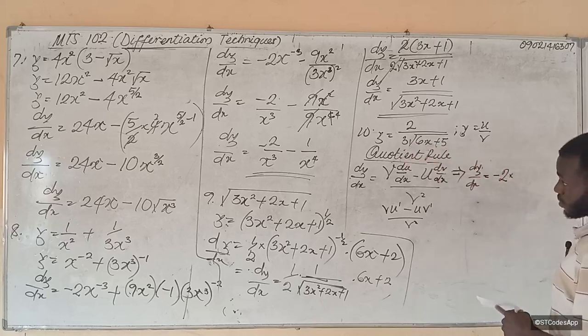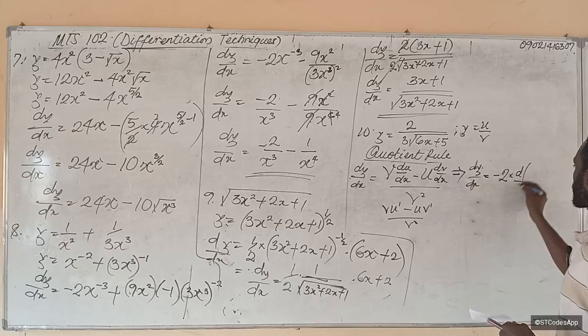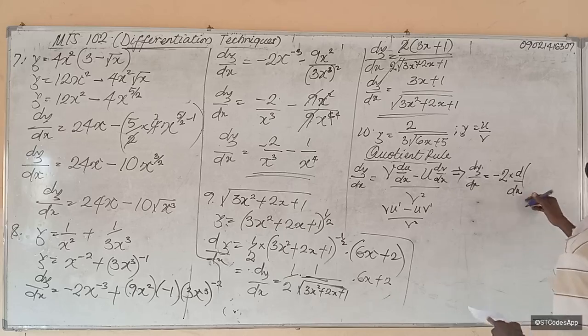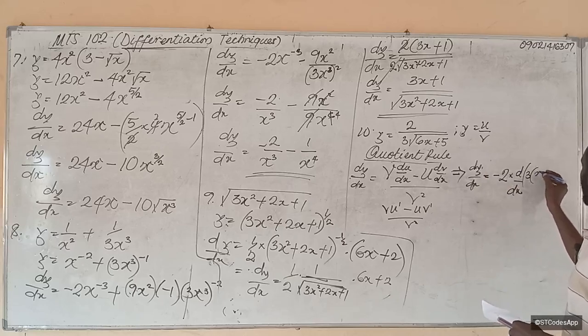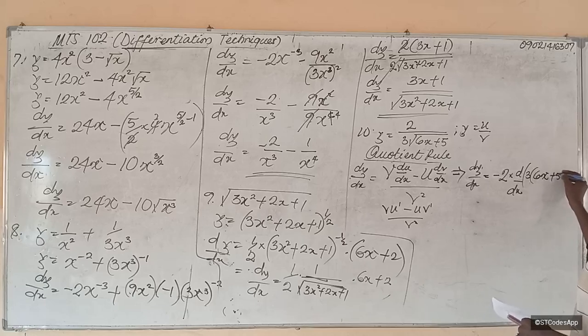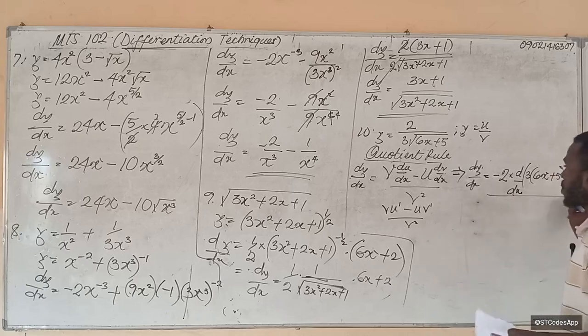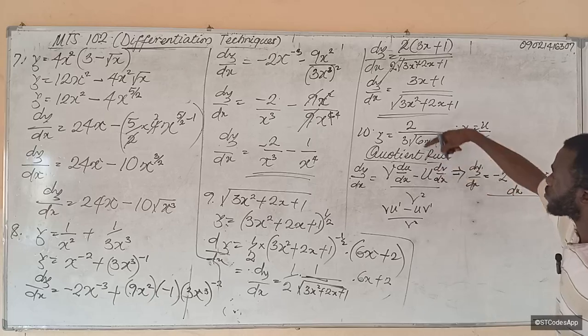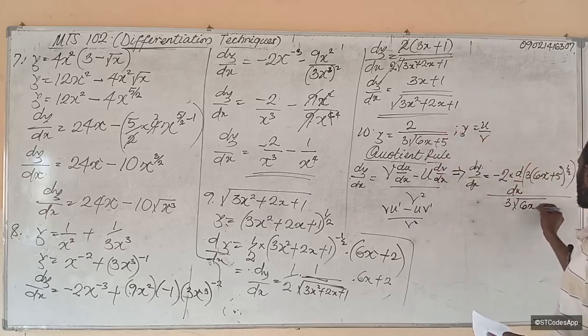Now what you want to do is express this as the derivative of d3 into bracket 6x plus 5 all raised to power 1 over 2, dx. Does this make sense now? Then all over v squared. What's my v squared? This guy squared. That will be 3 root 6x plus 5 all squared.